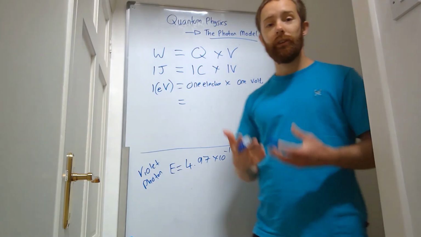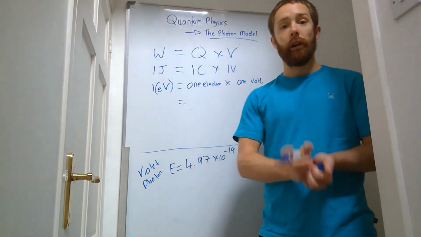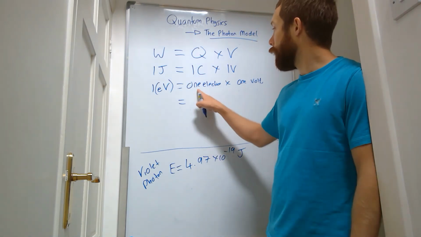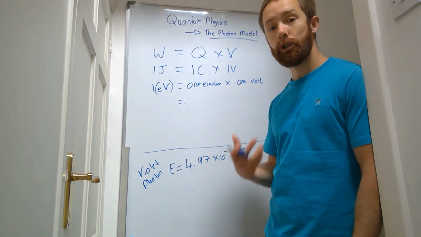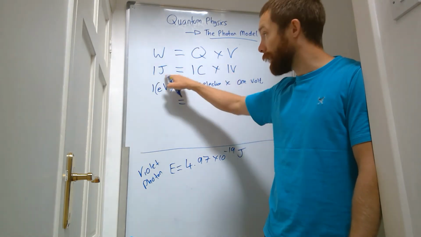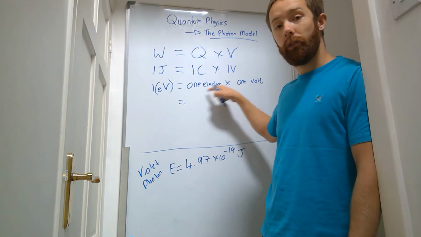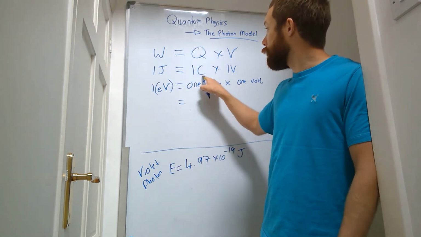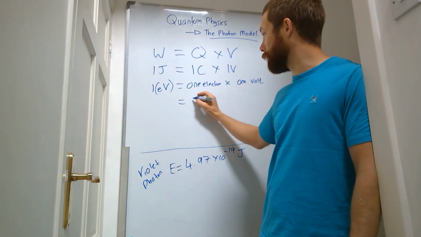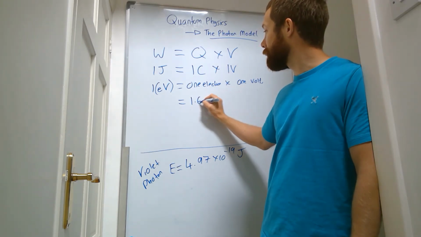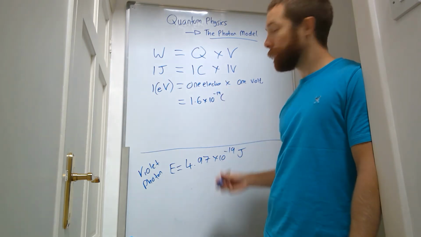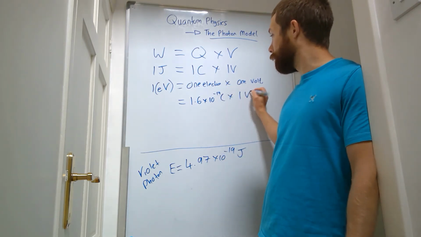Okay, and this is a unit. Now, how much energy is 1 electron volt in joules? Well, we can do that calculation as well. We go back to our coulombs and volts, because if we do coulombs times volts, we get joules. If we do electrons times volts, we get electron volts. So 1 electron in coulombs we know to be 1.6 times 10 to the minus 19 coulombs, multiplied by 1 volt.